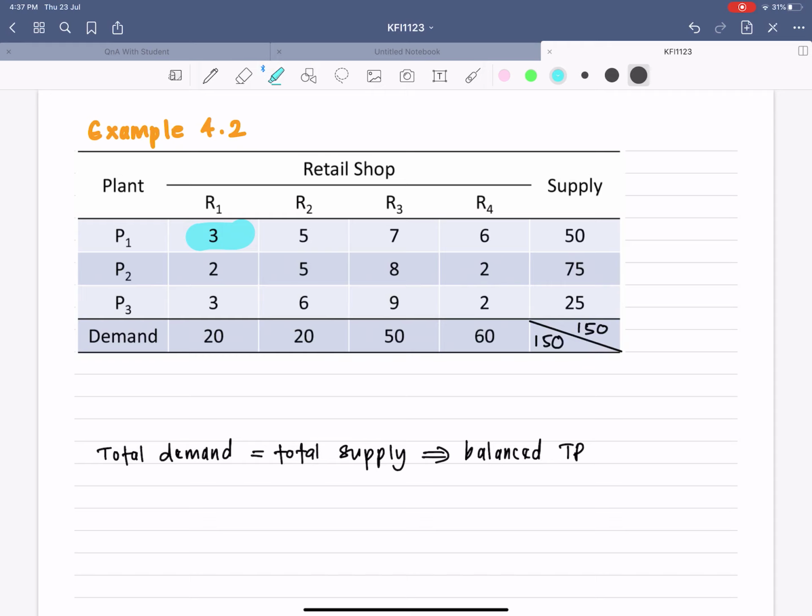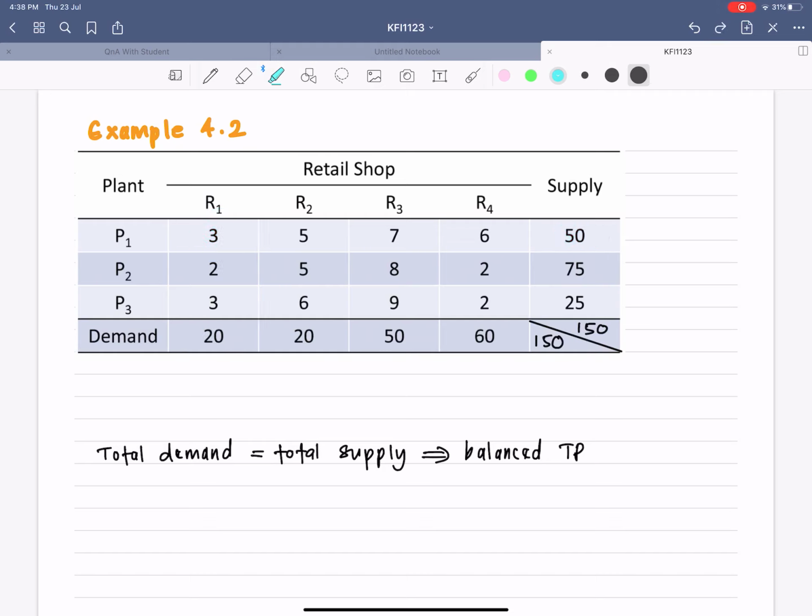We have to compare the supply from the first row and the demand from the first column.